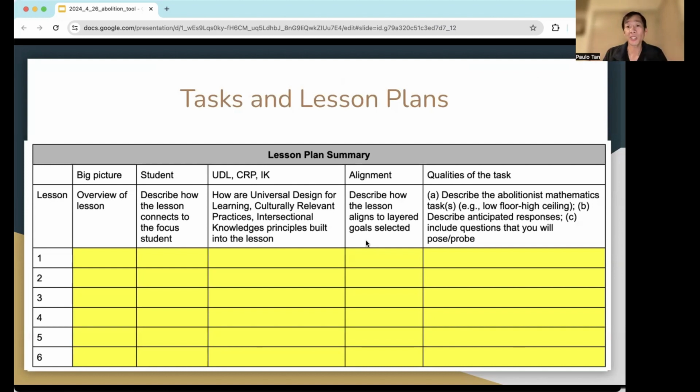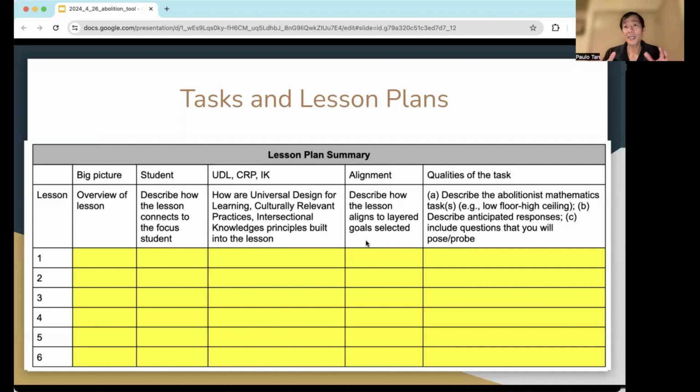And so what I ask prospective teachers to do, in their unit plan, is to think about several lessons, right? Let's say, in this case, what I have here in the Google slide is a set of 6 lessons, and just provide an overview of the lesson, like what's this lesson about. Lesson 1 is about this, right? Lesson 2 is about this.